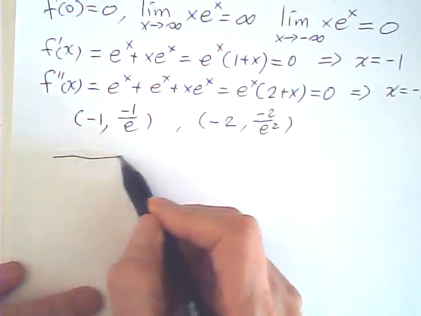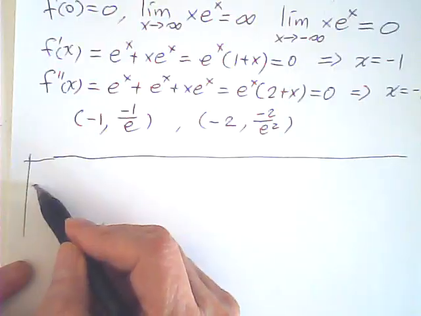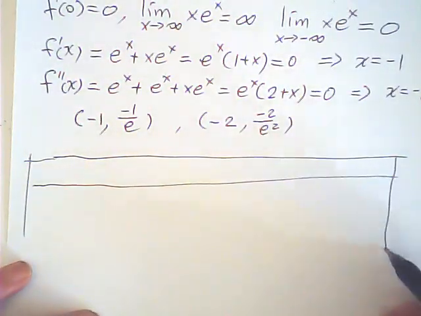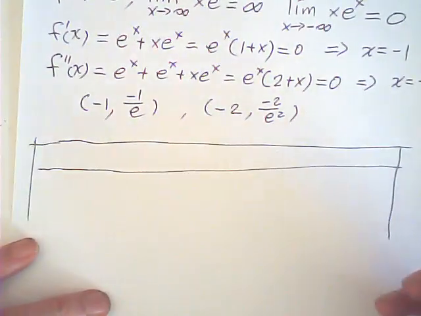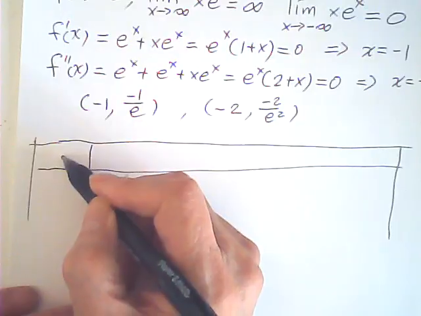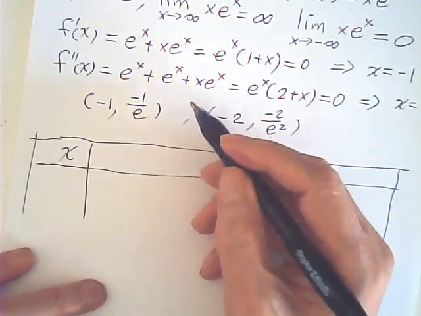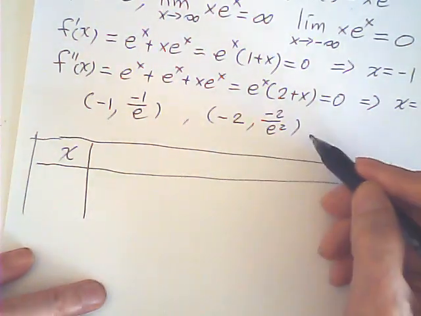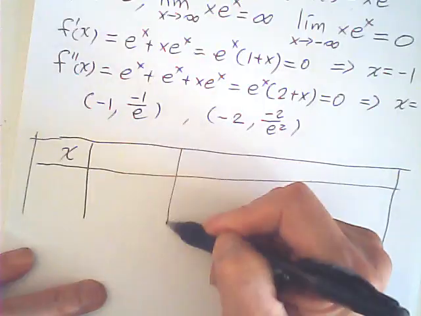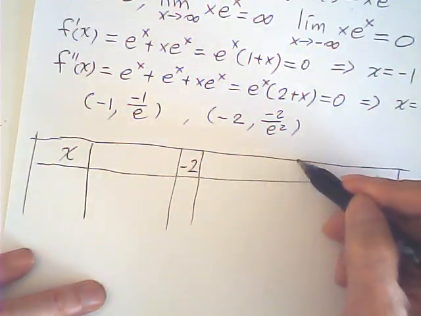Then I make a table which summarizes the features of the graph, with x. We have two points: one is negative 2, one is negative 1.